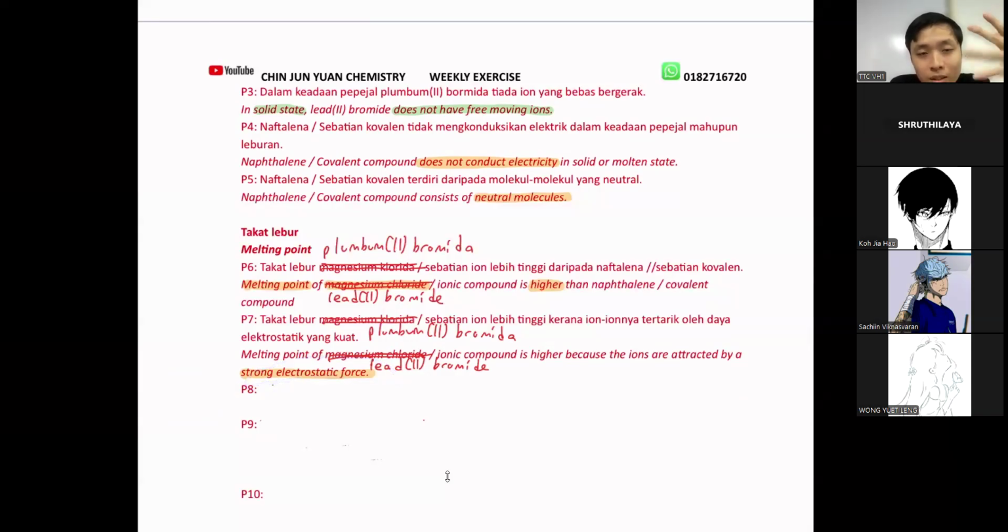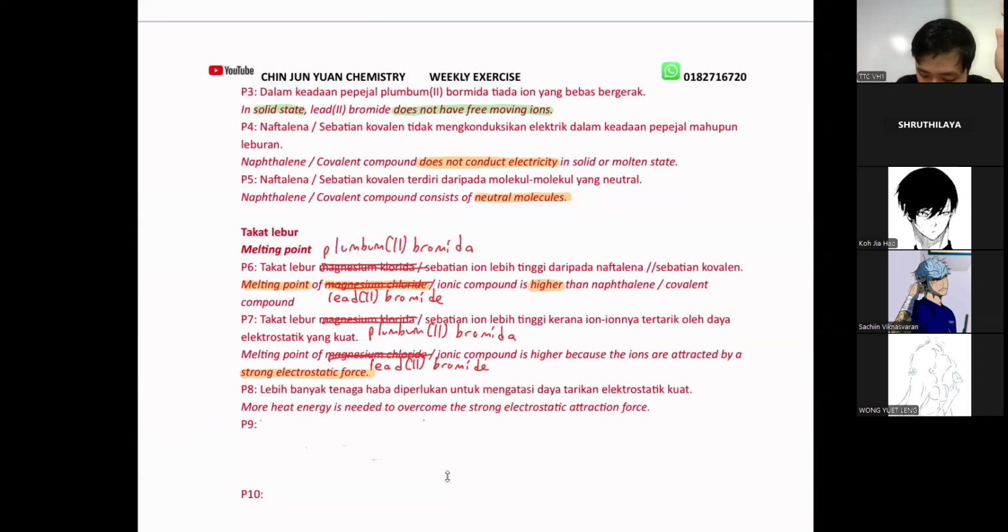Remember, it means the lead 2 iodide particles have to absorb more heat energy to distance the particles apart. We don't call it distance, we call it overcome the force.